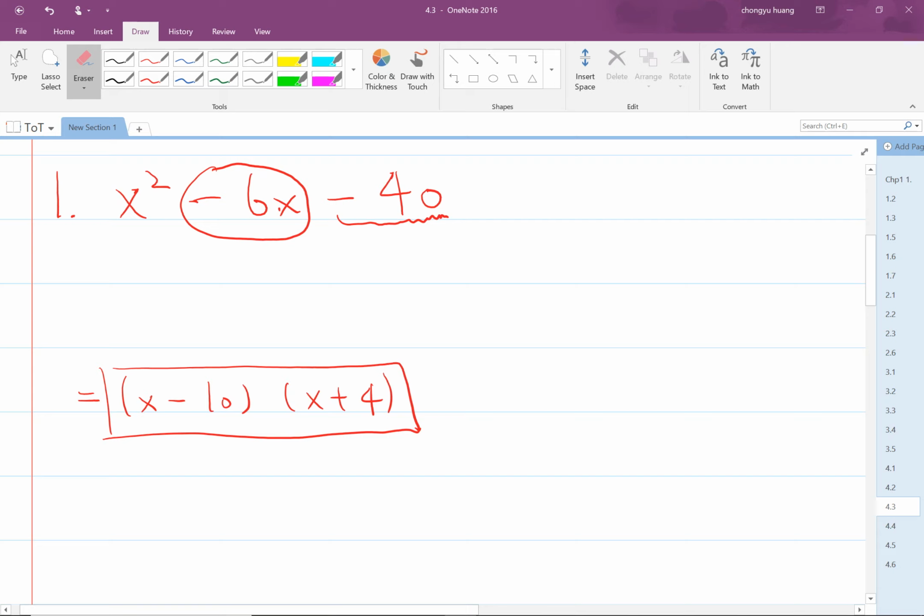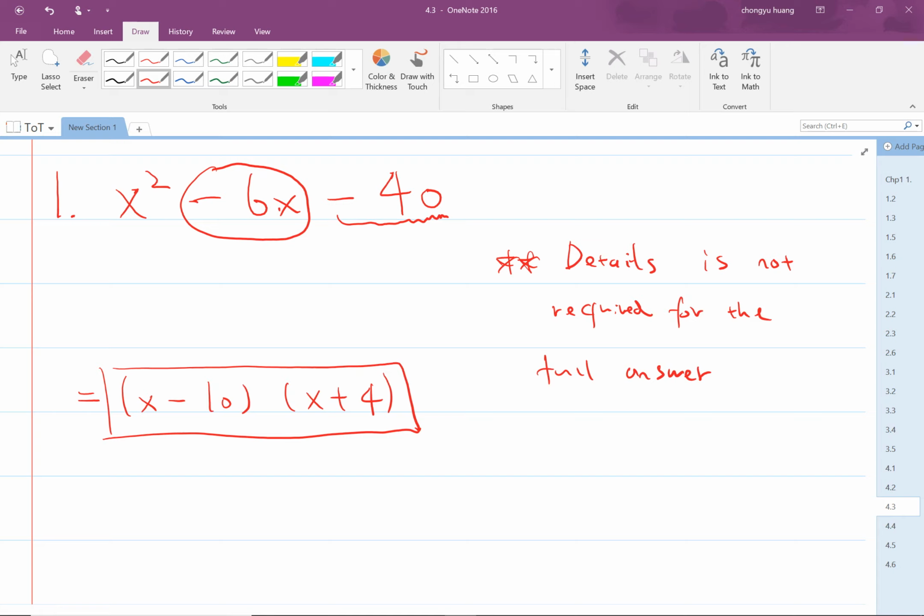Details are not required for the full answer; you can write them on another paper.